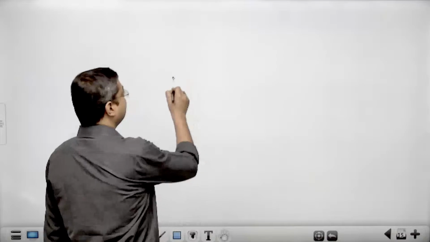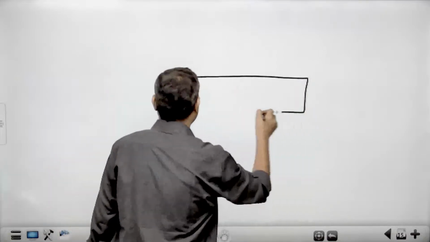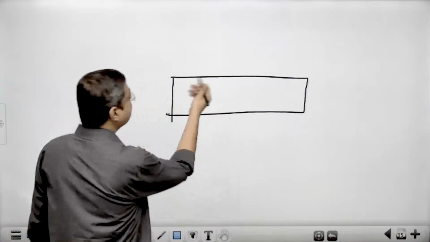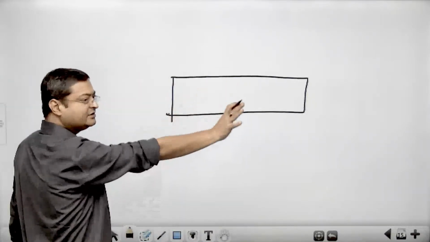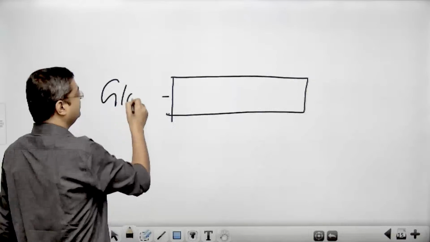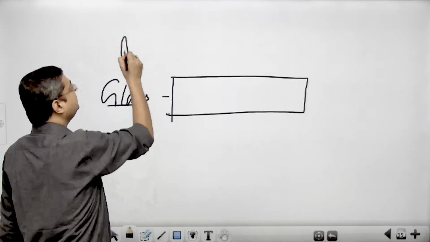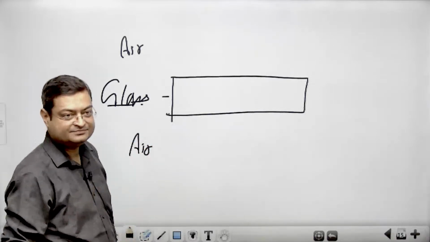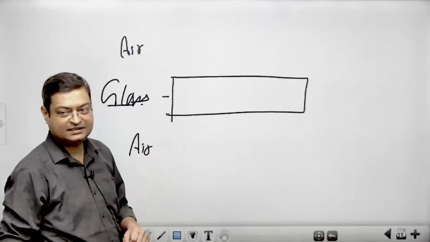The basic thing is, let's take a glass. This is given in standard 10th NCERT. This is air and this is air. Air is a rarer medium and glass is a denser medium.